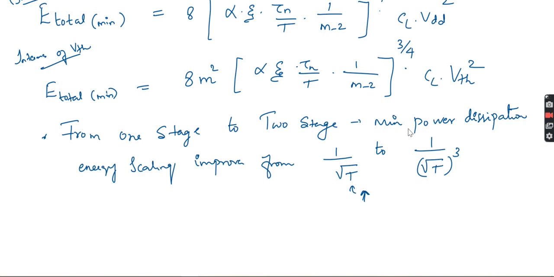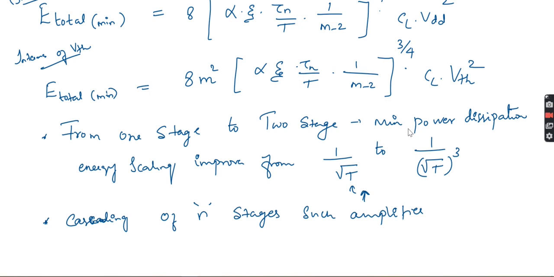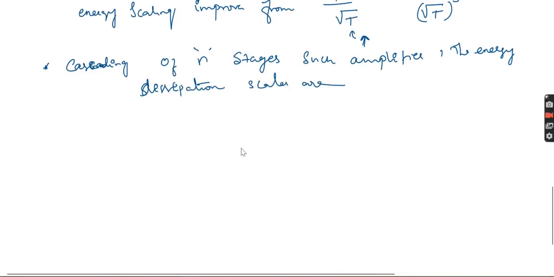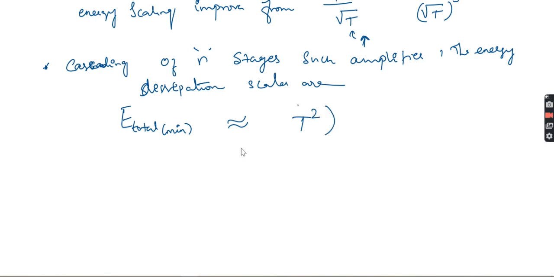So it has been shown that for the cascading of n stages of such amplifiers, the energy dissipation scales as, that is, E total minimum approximately is equal to t to the power minus 2 into 1 minus n.